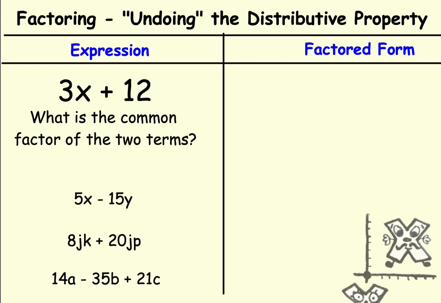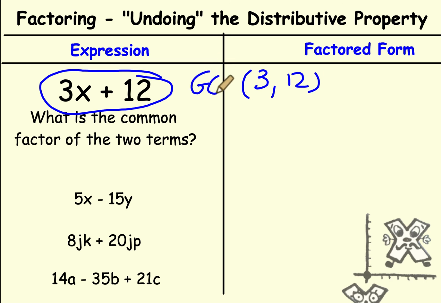And this keeps getting used again and again in math. So when we're looking over here at the terms 3x and 12 in this expression, I'm thinking about the numbers 3 and 12. What is their GCF? Well, the biggest number that divides 3 and 12 is 3. And so that's what I'm going to undistribute from them.